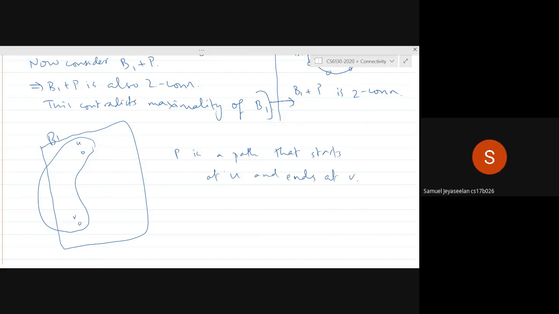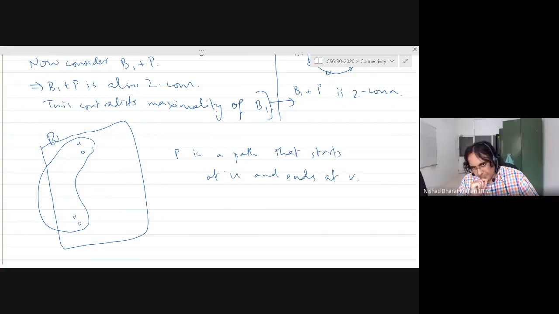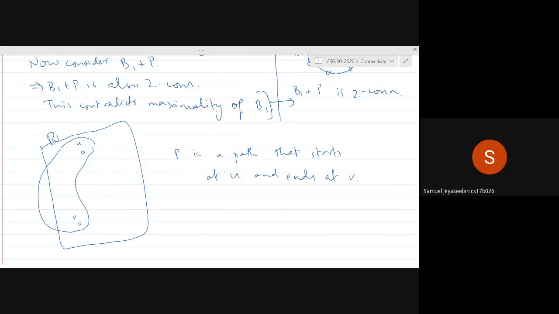Let's say edge E has vertices X, Y. Then if you look at the path as an ordered sequence of edges and vertices, there must be one vertex, either X or some vertex before it, which is the latest vertex in B1 along that path before X. Similarly, there's a first vertex at Y or after which is a point in B1. So let's say those two vertices were X prime and Y prime. Then there exists an open path from X prime to Y prime, which is a subset of the path P.